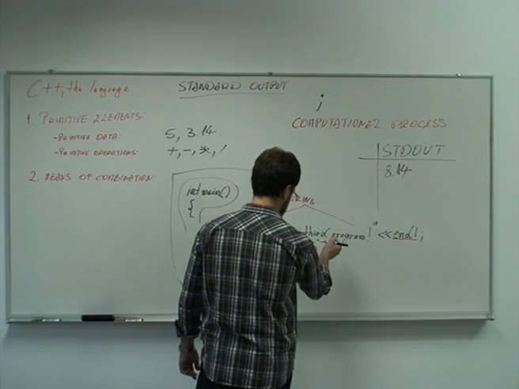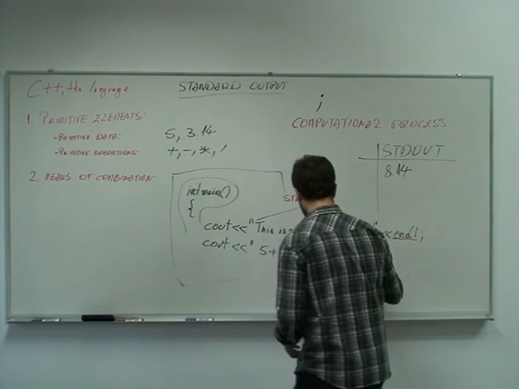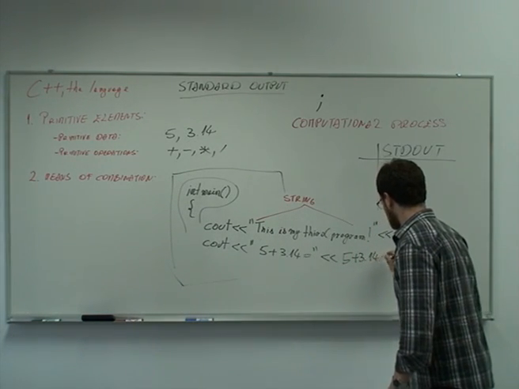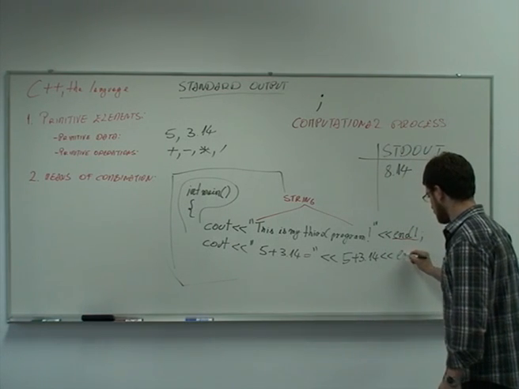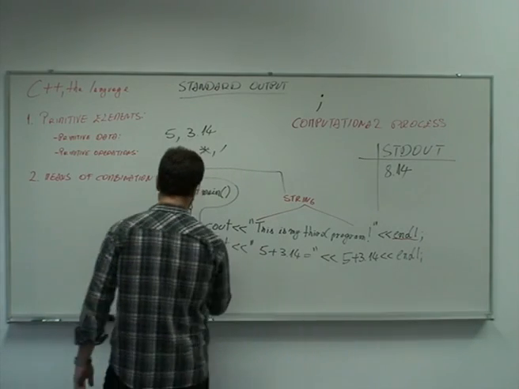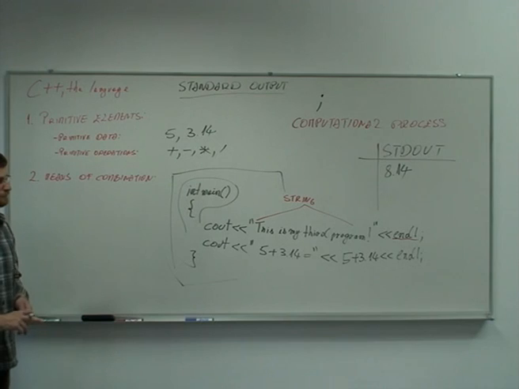I'll leave a space. Less than, less than, and then the expression we had before, 5 plus 3.14, less than, less than, endl. And I can finish up the program by adding a closing brace. Let's see what it does.